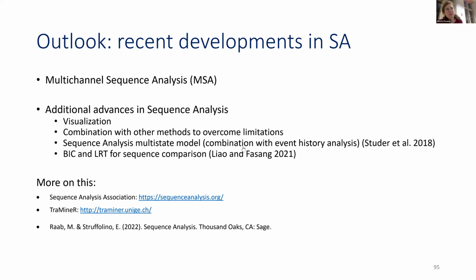But where it becomes, of course, very important is if you want to use these clusters as dependent or independent variables in a regression model. And here, if you have very heterogeneous groups, that's a problem, because the coefficients that you get for this typology will probably be weak and spurious.